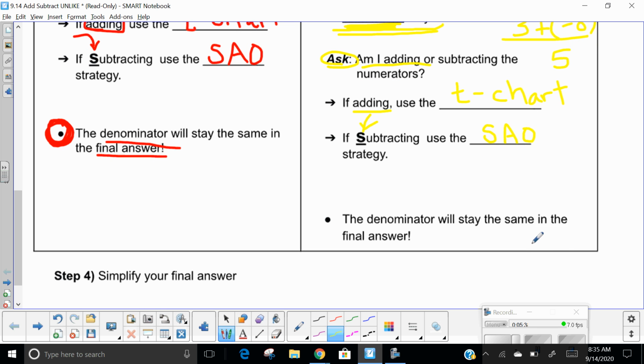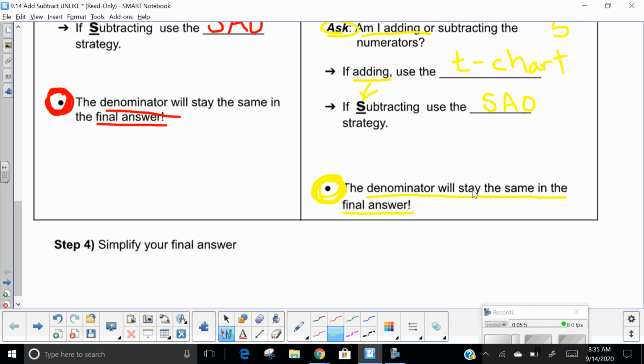Because you still have to learn how to do it in 7th grade because you're not in 8th grade. Then once you get the denominators the same and you calculate the new numerator value, you're going to leave the denominator the same. Once you get that denominator equal in all of the fractions, once it becomes the same number, it stays the same number.